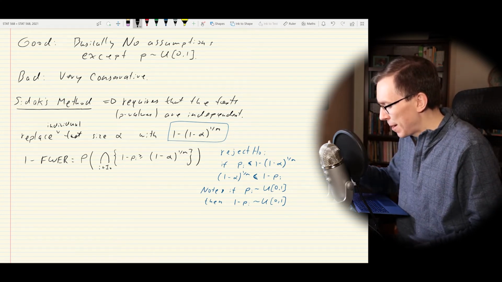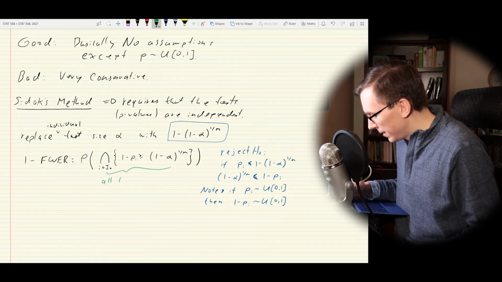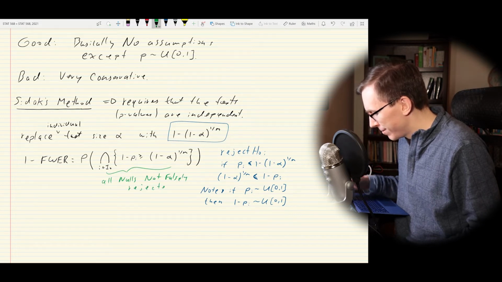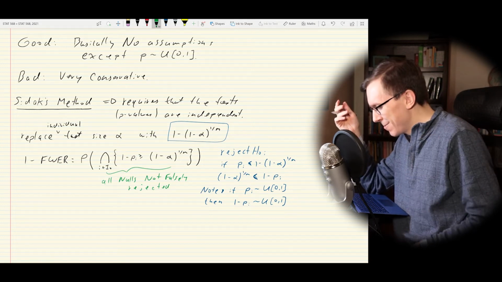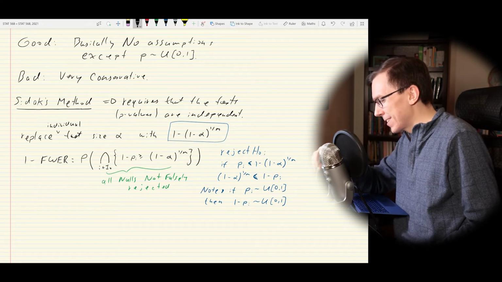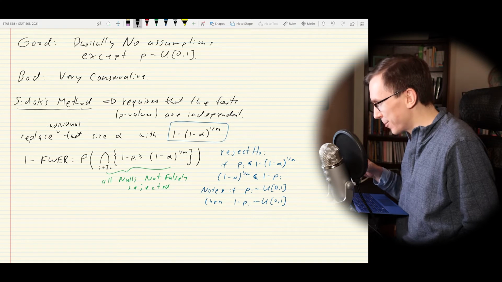This is mathematically equivalent to saying all nulls are not falsely rejected, which feels like a double or triple negative, but that is perhaps the easiest way to say it in words.